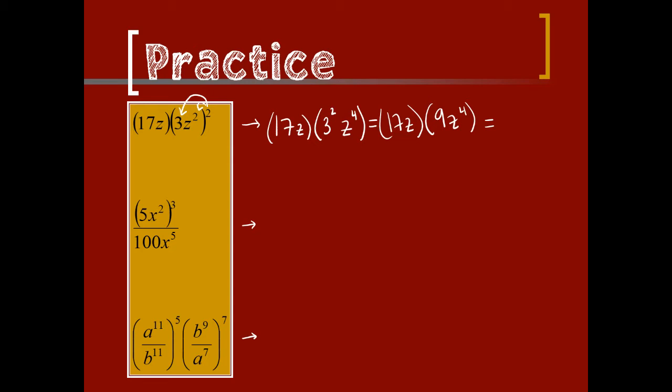So 17 times 9 is 170, 163, I think. 17 times 9, right? 153. Yeah, sorry, 153. And then when you multiply and they have the same base, you add their exponents. Z to the power of 5.